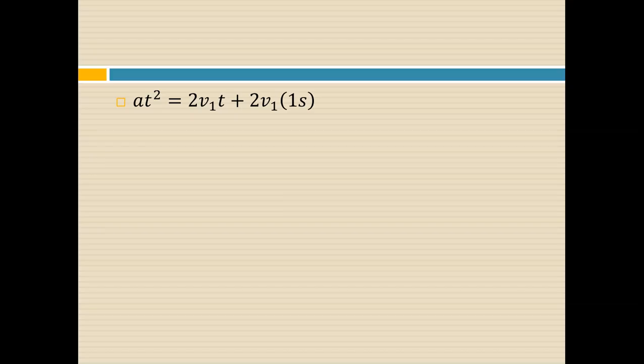If I divide by t, that doesn't give me anything. Here's the problem. If I divide by t, I can cancel a t on the left-hand side, I can cancel a t in the first term, but I can't cancel a t in the last term, which means I can't cancel out that unknown.